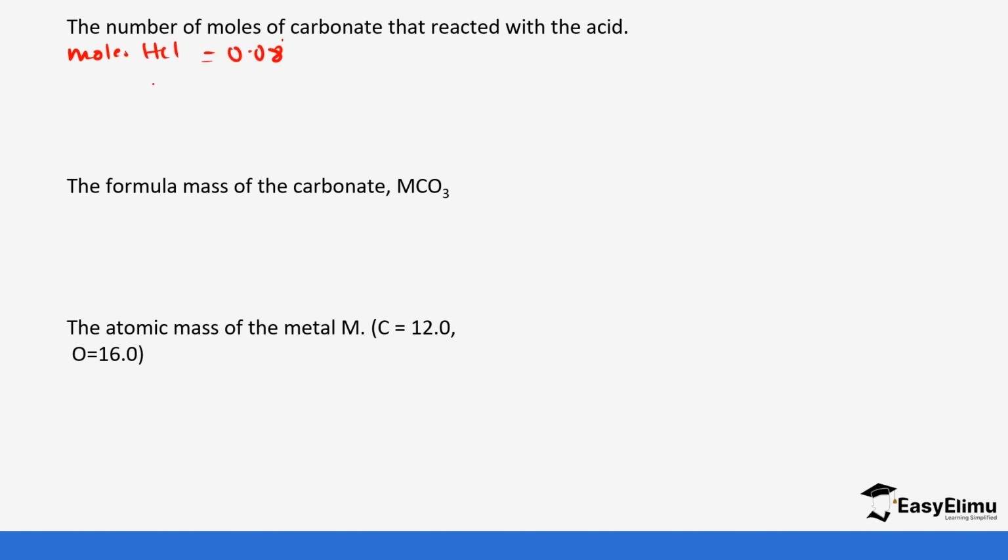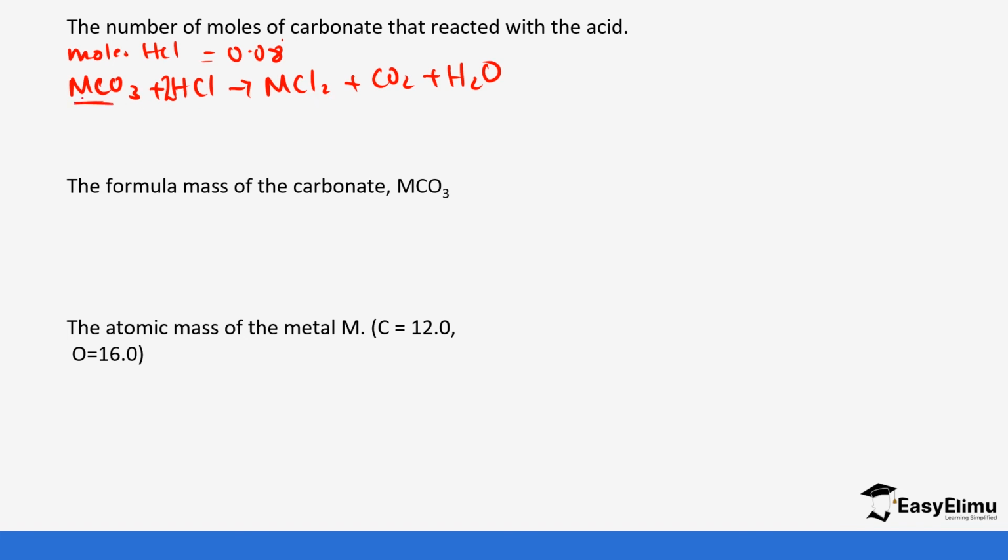So we write the equation. So it is M carbonate plus hydrochloric acid to form chloride plus carbon 4 oxide plus water. So we put a 2 here. So you will notice the reason why we gave M the valency of 2 is from the formula of M carbonate.